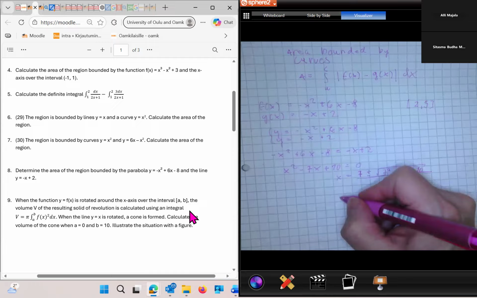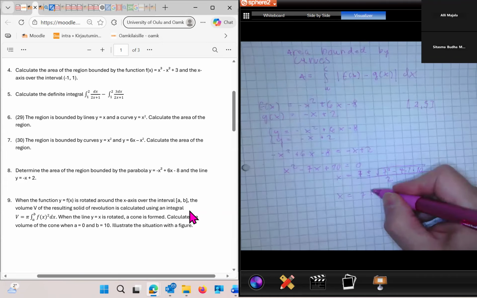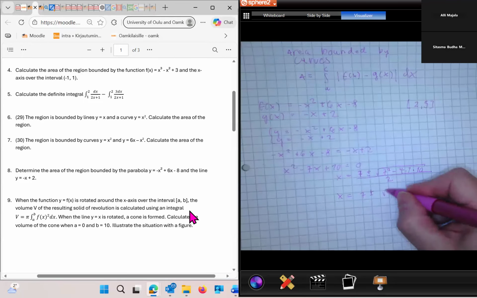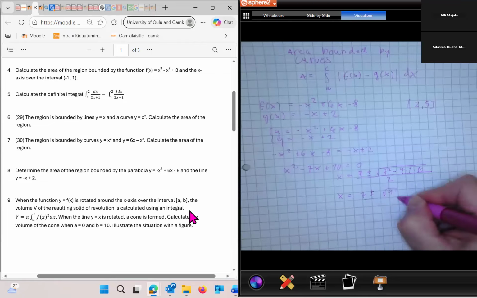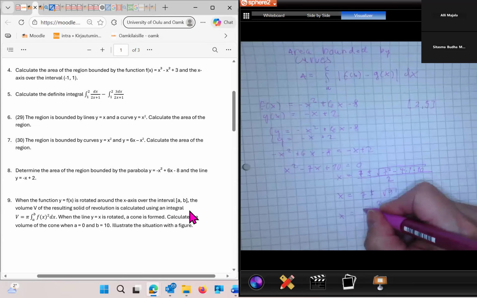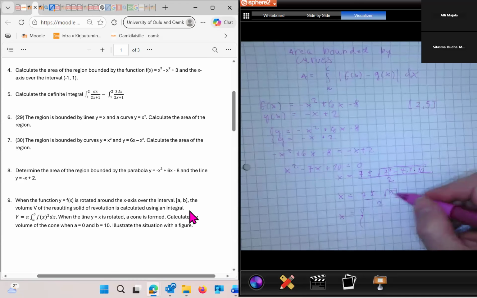So my x is 7 plus minus, this is 49, and this is 40, so it would be the square root of 9, divided by 2, which is 3.